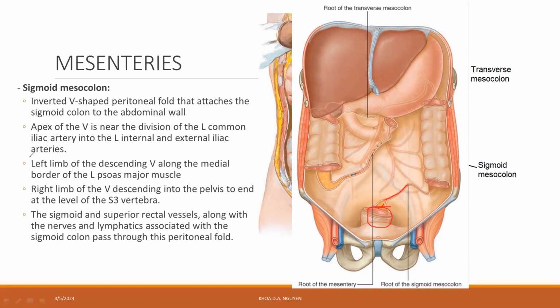And that is going to be the root of the sigmoid mesocolon. And of course, there will be nerves, lymphatics, and veins that come from the posterior part into the sigmoid mesocolon so that it can get to the sigmoid colon. All right.